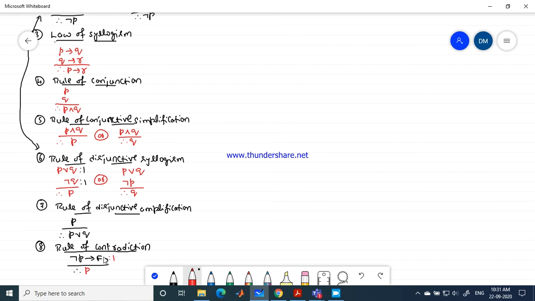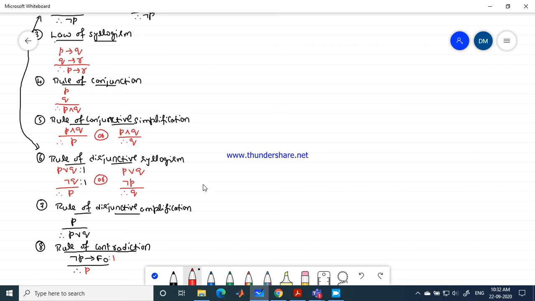We got this contradiction to the hypothesis or to some known concept or known principle. At that point we claim that my assumption is wrong and the given statement is a true statement. That is what this rule of contradiction says. We'll come back to this one.